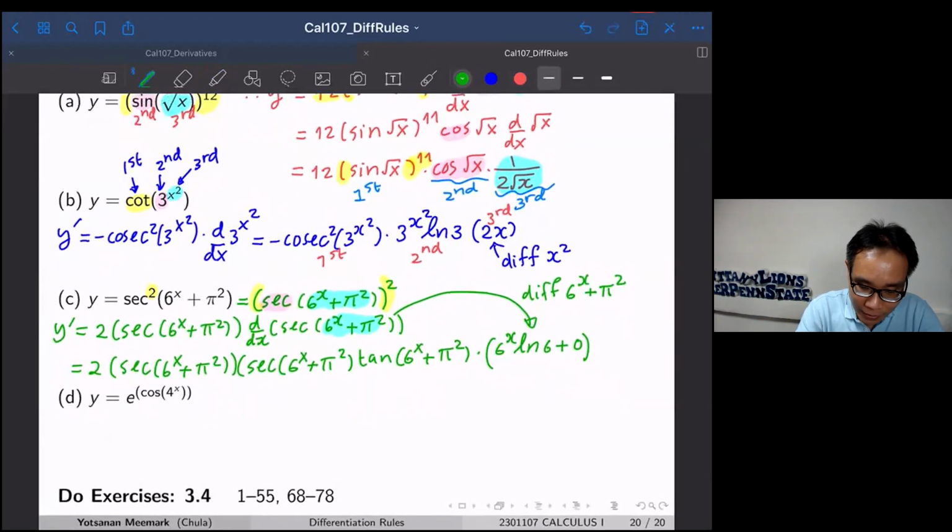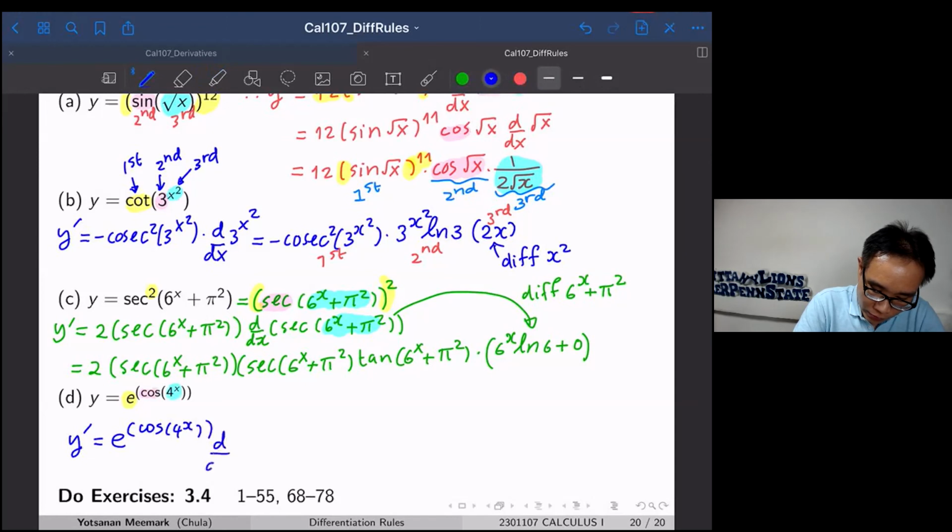Last one. You have y equal to e to the cosine of 4 to the x. So this one is outside. Okay, and the second one will be cos, and the third one will be 4 to the x. So this guy will be y prime equal to e to the cos of 4 to the x, and you don't forget to differentiate cos of 4 to the x.